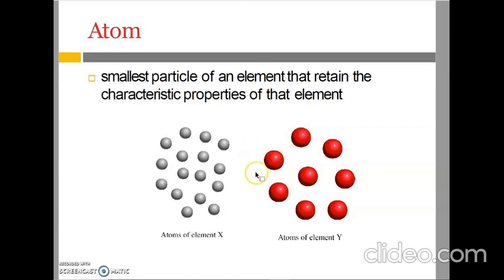And all atoms of a given element are identical. Let's say this is an atom of element X, so they are identical, having the same size, mass and chemical properties. And the atoms of one element are different from the atoms of other elements. So atom X is different from atom of element Y.